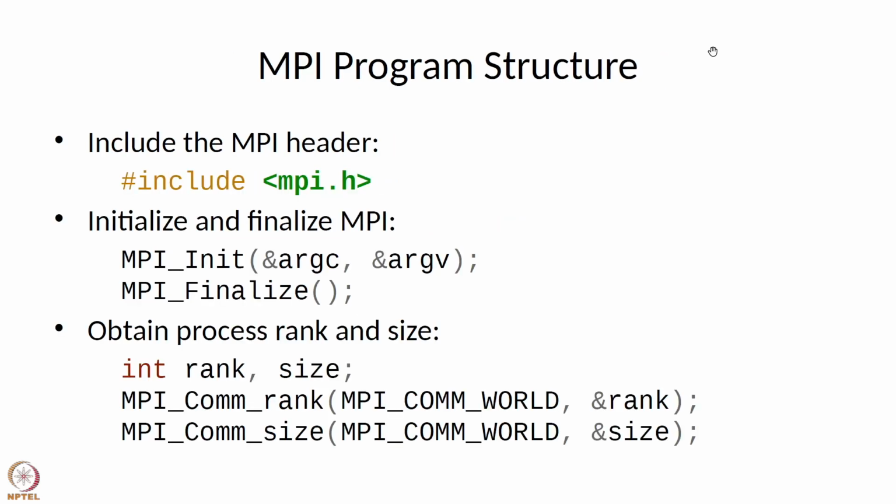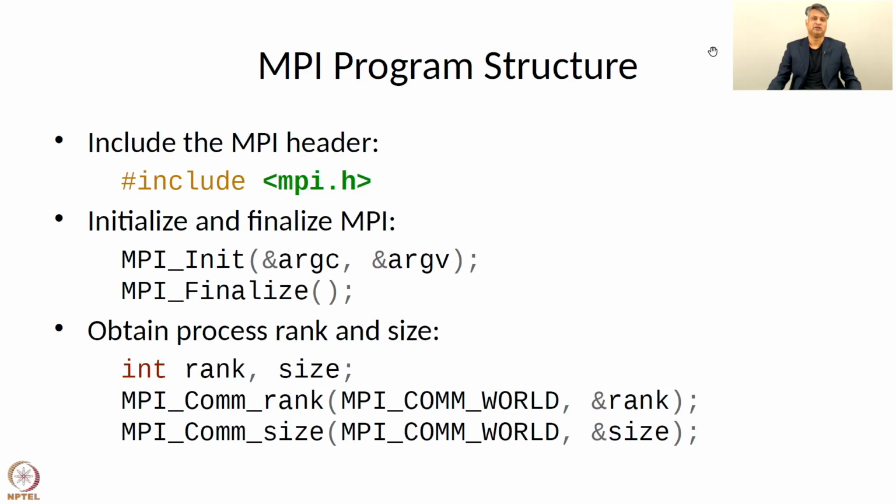The typical MPI program structure will include something like this. An MPI header file, which is required to reference the MPI functions correctly. You will need to initialize the MPI environment using the MPI_Init function, which takes the arguments of the total number of processes that need to be started, and also in many cases where these processes need to be started, i.e. what machines they are supposed to get started on.